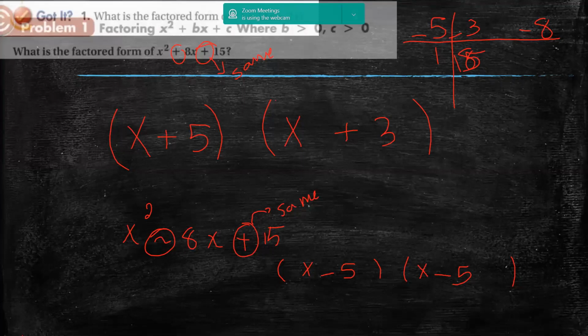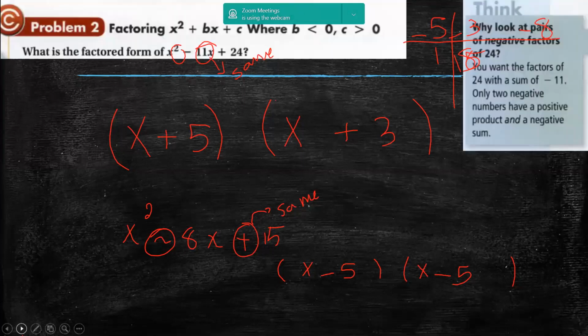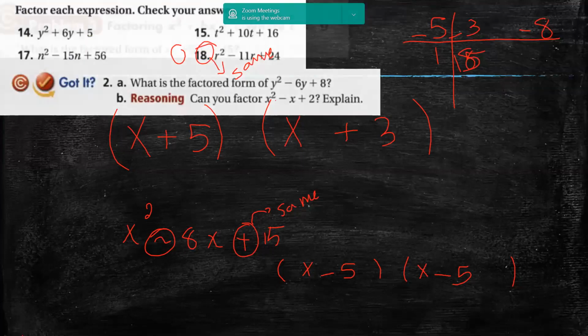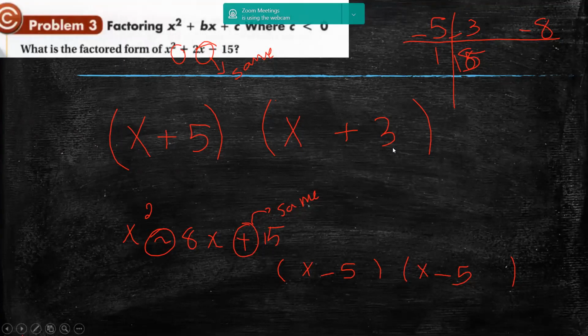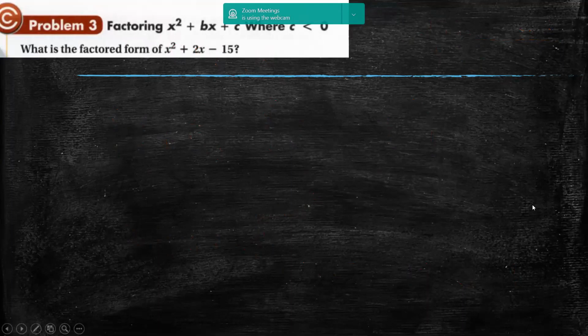Now, what if they have a minus c? If we have a minus c, like in this example here, x squared plus 2x minus 15.